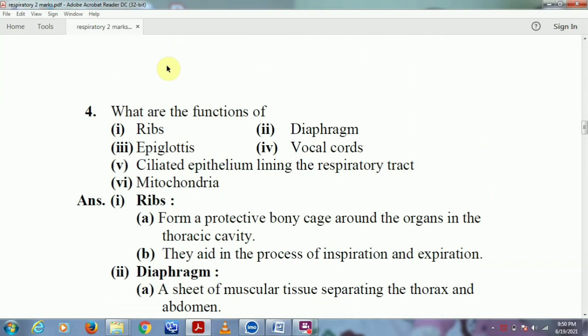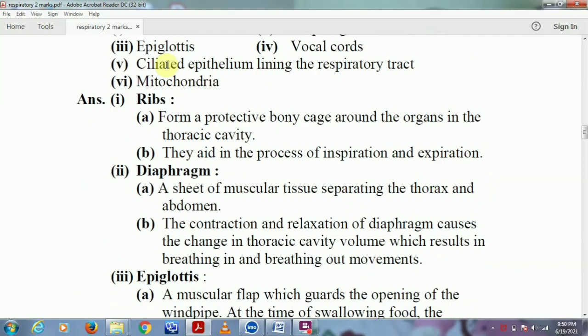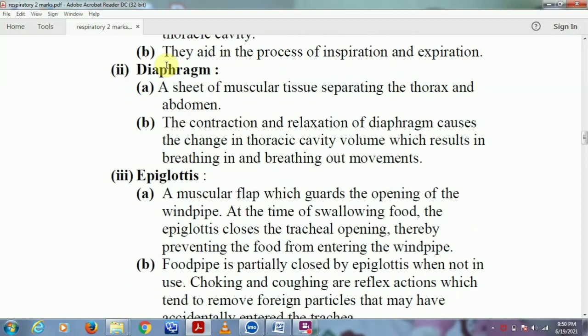What is the function of ribs? Protection of the bony cage, the thoracic cavity and the organs of the thoracic cavity. The diaphragm separates the thorax and abdomen. The epiglottis is the muscular flap which guards the opening of the windpipe.